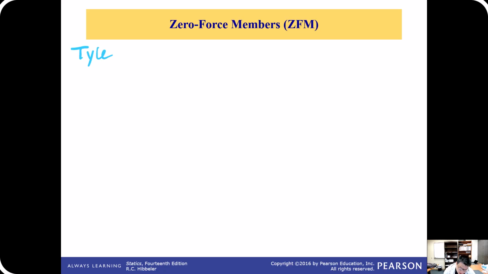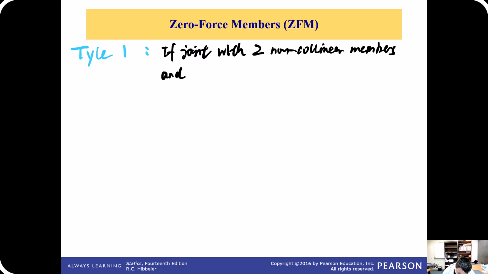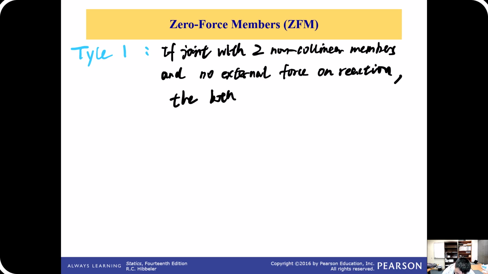So type 1 zero force members: if a joint has two non-collinear members and there is no external force or reaction, then both members are zero force members. Zero force member means there is no force in this member.